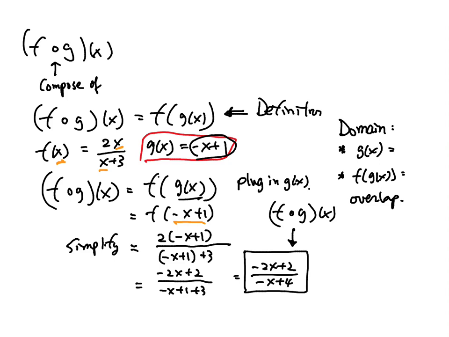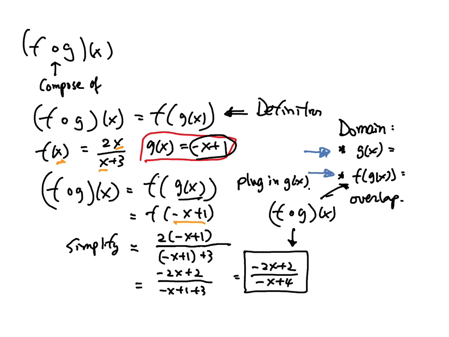So if g of x doesn't work, this whole function doesn't work. The reason we have to check f of g of x is pretty obvious, because that's the function we ended up with, so we have to make sure it works. So we have to check g of x, and we also have to check f of g of x.